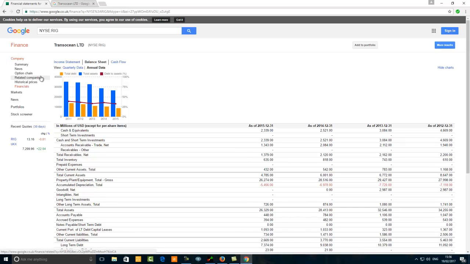I prefer Google Finance to put 2012 up to the end here, the other way around. So in fact, it's going down. From 8 billion, it went down to 6 billion, now stable at 6 billion exactly here. Now we are at 4.7 billion in 2015. That's the last figure we have for the total current asset for Transocean stock.